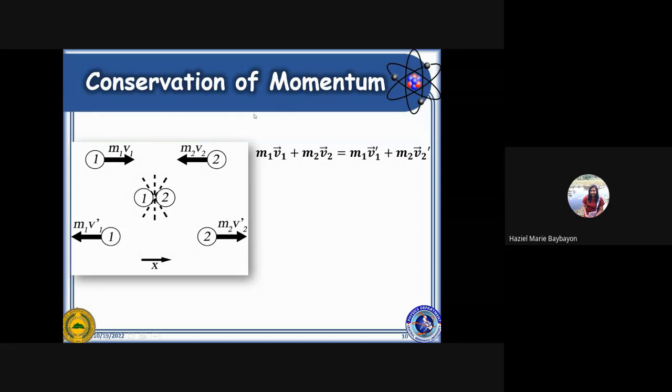Now, the conservation of momentum states that when you add the momentum before the collision, it is equal to the sum of the momentum of the objects after the collision. So that is the conservation of momentum: the total initial momentum is equivalent to the total final momentum.